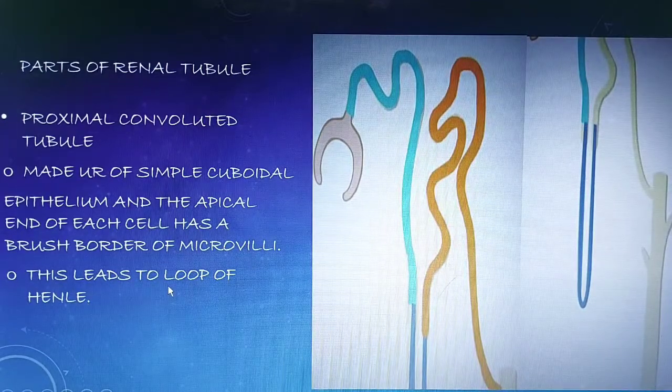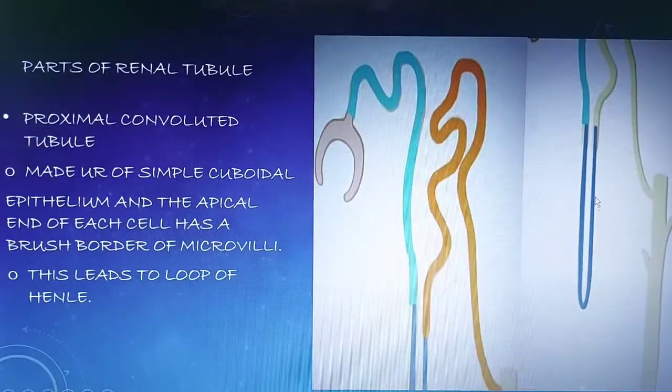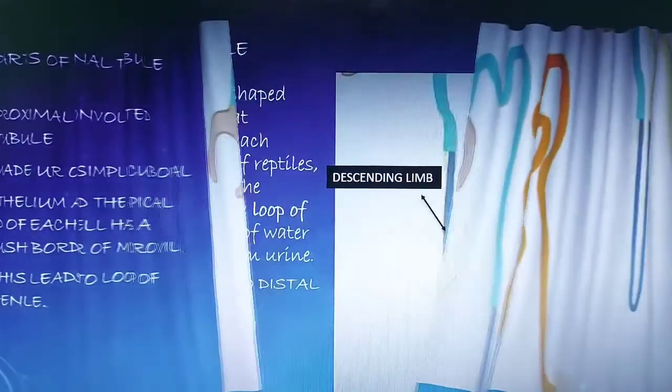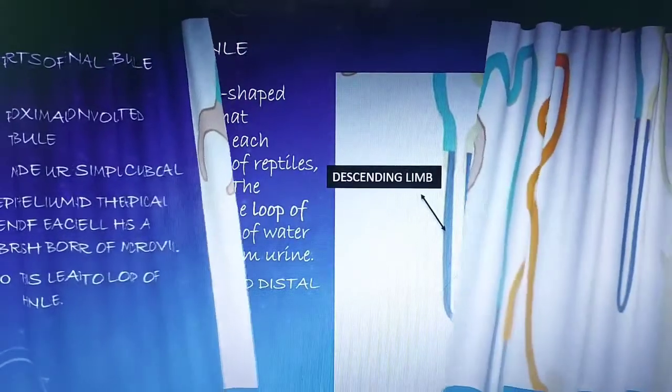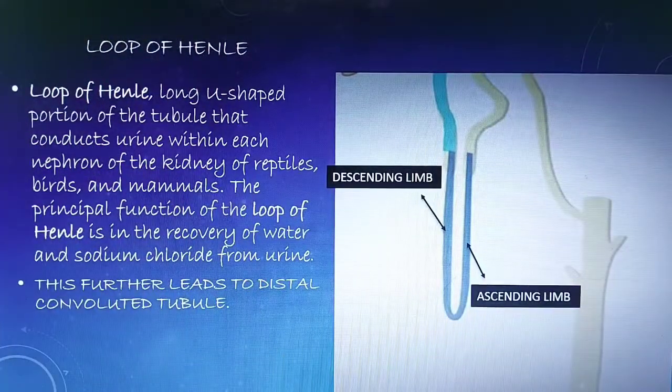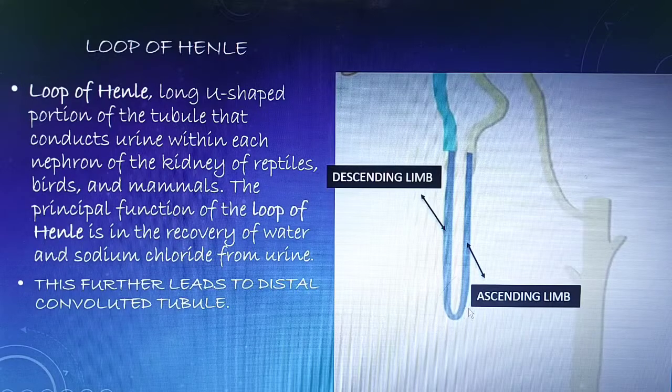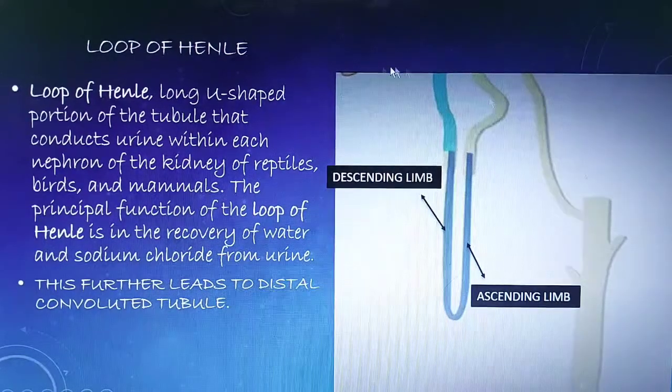This leads to the loop of Henle, which is in the dark blue color here. So, this is the loop of Henle. This is the descending limb which comes first and is connected from the proximal convoluted tubule, and this is the ascending limb which leads to the DCT.